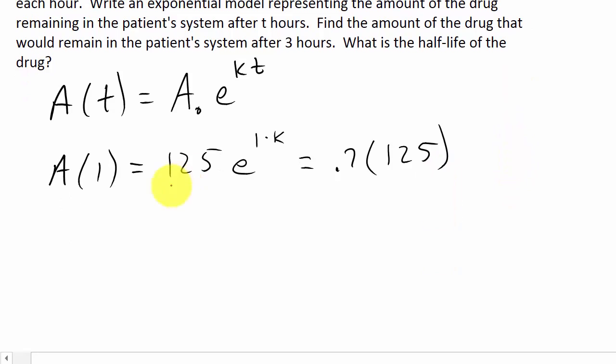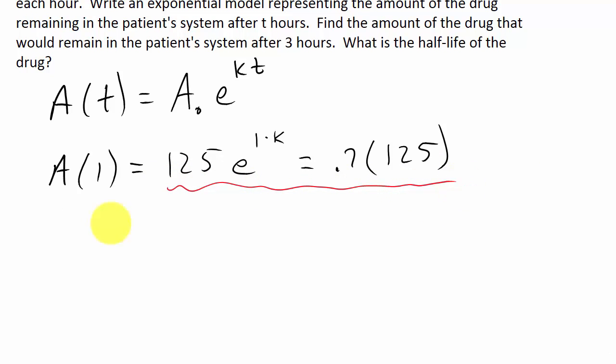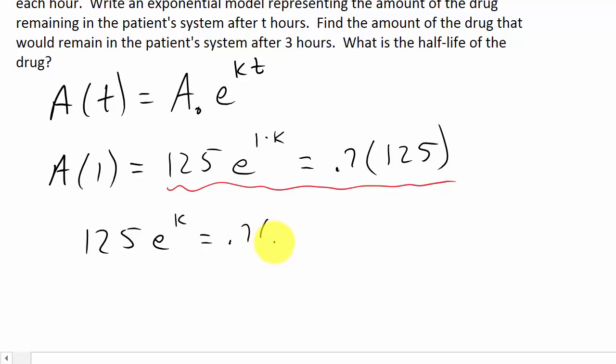So here we have a nice little equation to solve. Let's rewrite that. We've got e to the k equals 0.7 times 125. Notice I didn't multiply this out, because if you see what happens here, the 125s cancel.